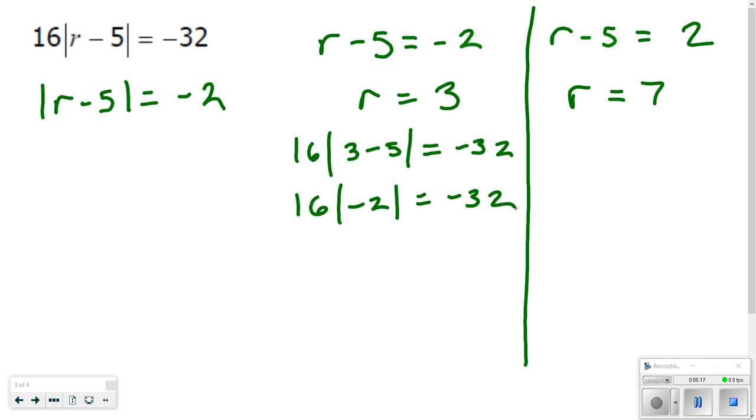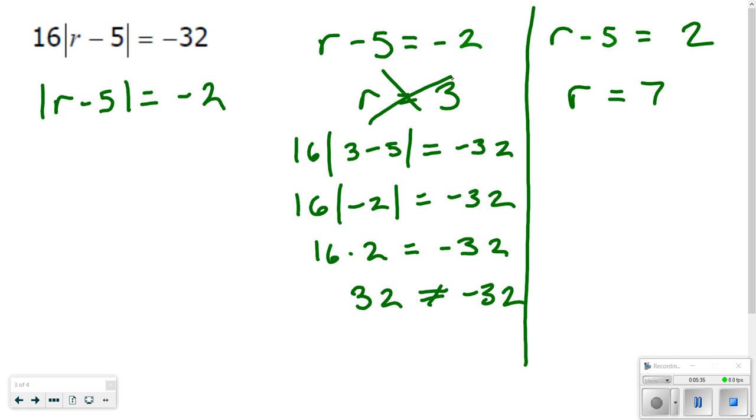But there's a problem here, because that negative 2, when we take the absolute value, becomes positive. And positive 32 does not equal negative 32. So we have an issue. r equals 3 isn't actually a solution. It doesn't work, so we're going to cross it out.